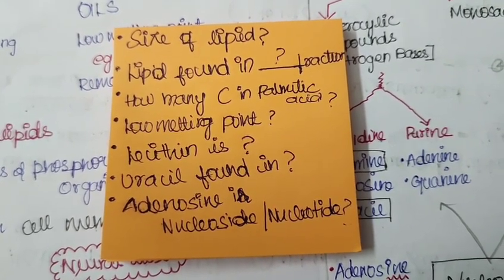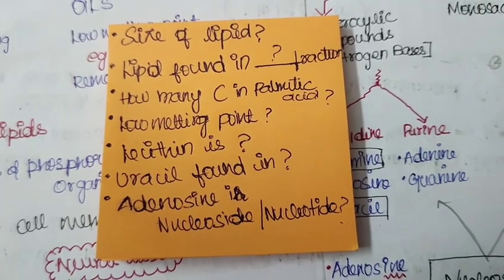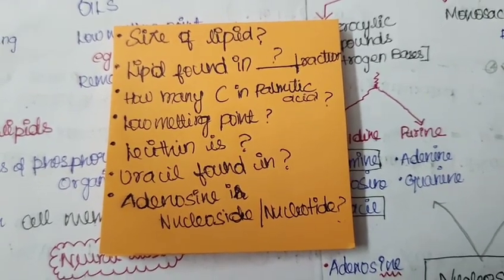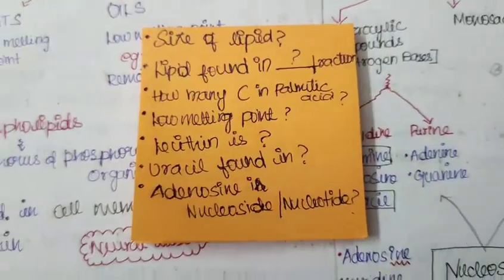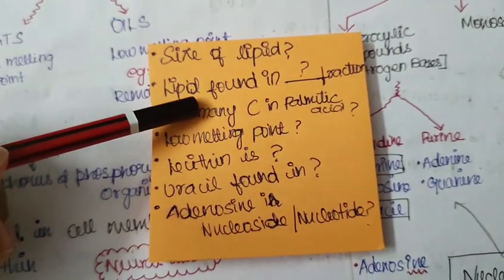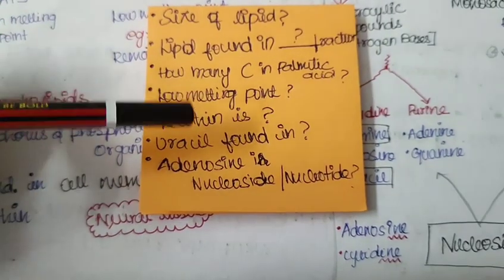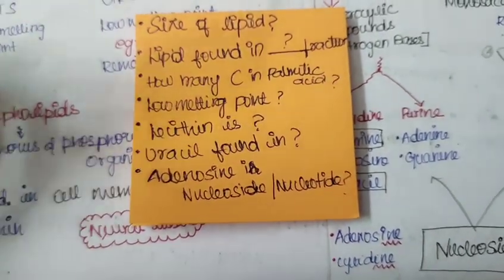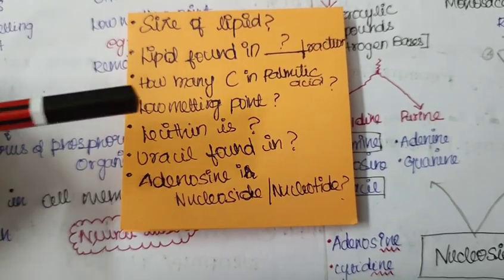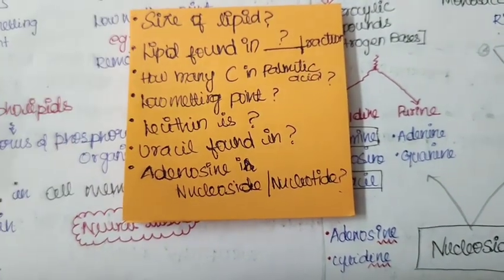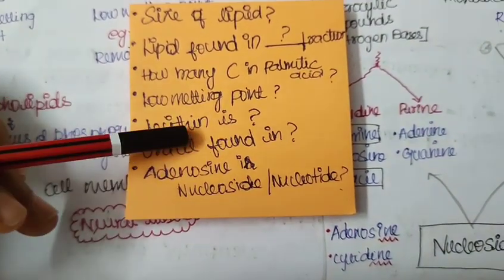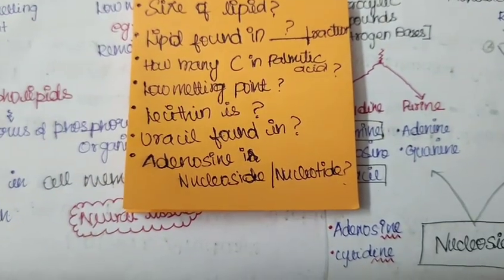How many carbons are found in palmitic acid? 16, right? Low melting point: which lipids have the low melting point, fats or oils? Oils.